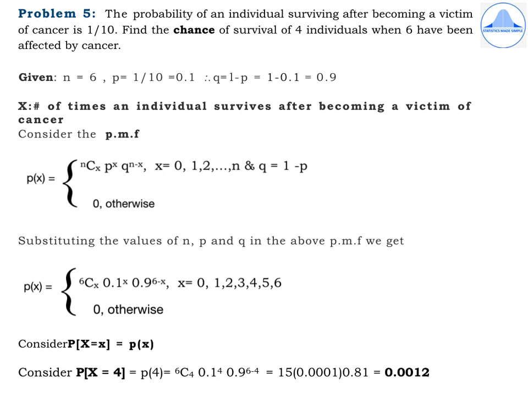In other words, consider probability of capital X equal to 4, which will be equal to p of 4, and in the PMF replace x by 4. So you get 6C4, 0.1 to the power 4, 0.9 to the power 6 minus 4, and after simplification, wherever possible, take 4 places after the decimal after rounding off. The final answer is 0.0012.